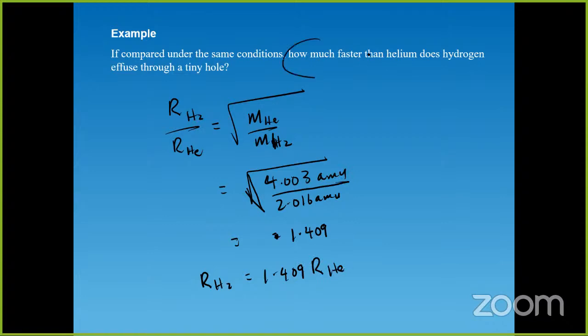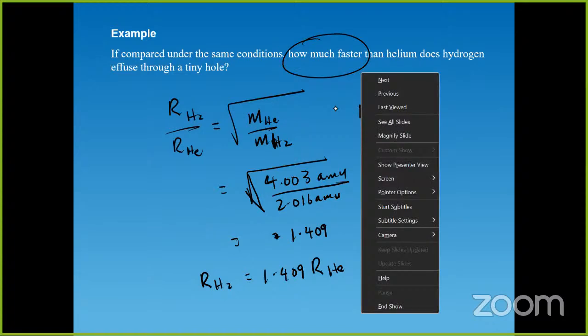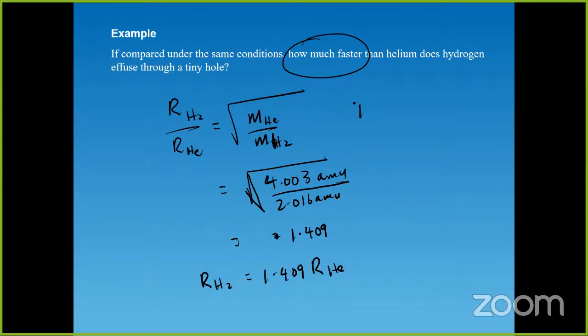So to answer the question, how much faster, the final answer is that hydrogen will effuse 1.409 times faster than helium. All right. And that's basically how we answer that question.